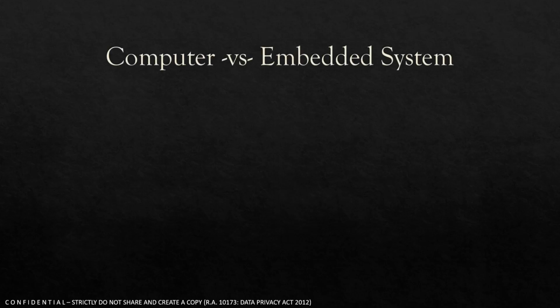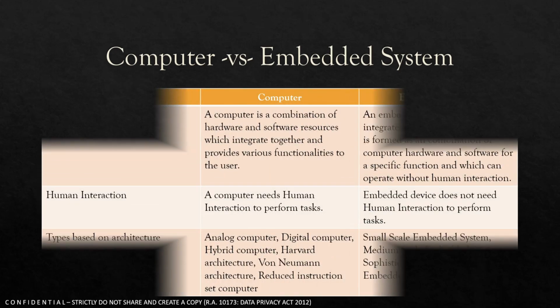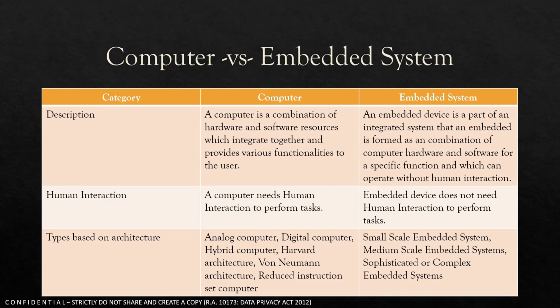So let's look deeper at the differences between the computer and the embedded system. So first is the category of description. A computer is a combination of hardware and software resources which integrate together and provide various functionalities to the user.